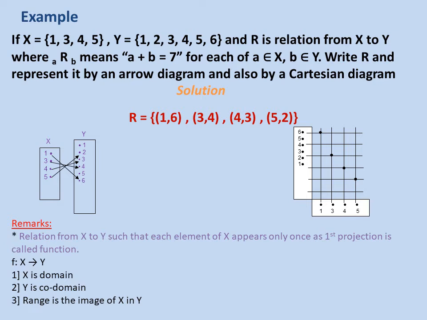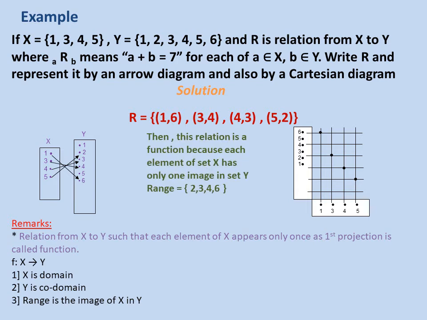Number 3, range is the image of X in Y. Then this relation is a function because each element of set X has only one image in set Y. Its range is the set of images in Y, which equals {2, 3, 4, 6}.